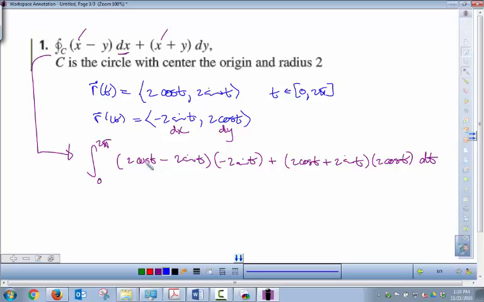That turned out to be kind of long, but this is your x minus y dx plus x plus y dy.